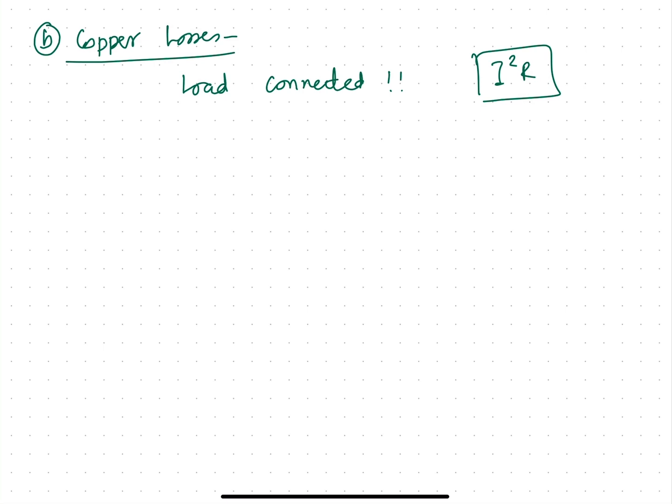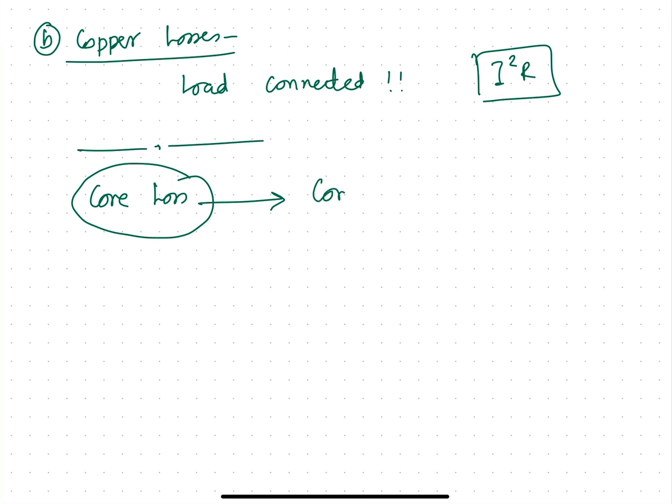So for the core loss, in the question that we solved previously, this core loss has two components. It has the core loss in the legs and the core loss in the yokes, right? So how do we obtain this core loss?